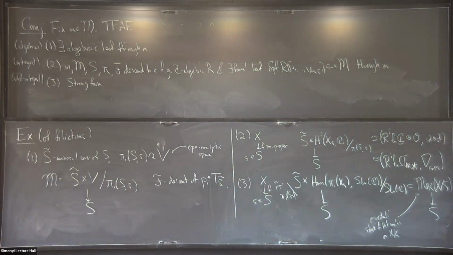I want to pick an initial condition, a point to take the Taylor expansion of the solution to this differential equation around. So I want to take m in the fiber, which is just H2k of the fiber of f, in the image of the cycle class map. It's a map from cycles of codimension k on the fiber to H2k of the fiber.